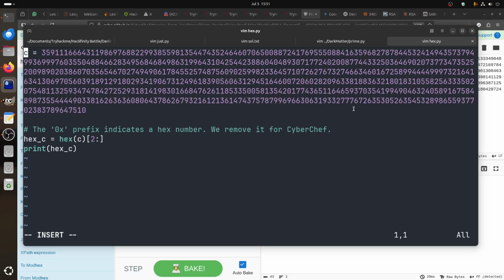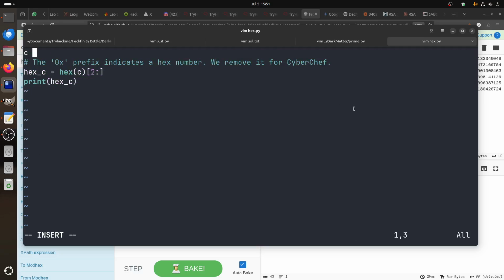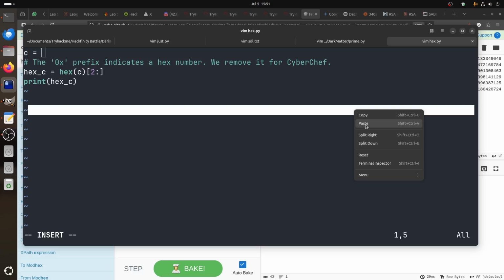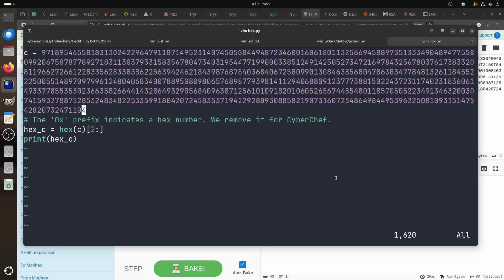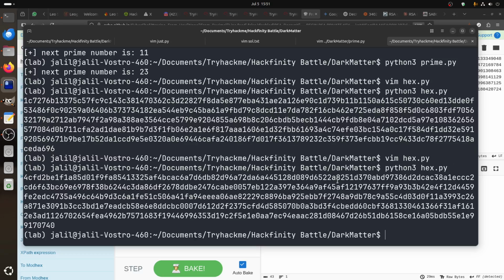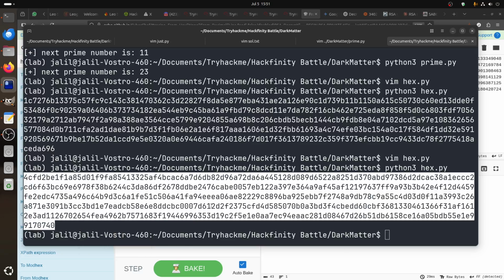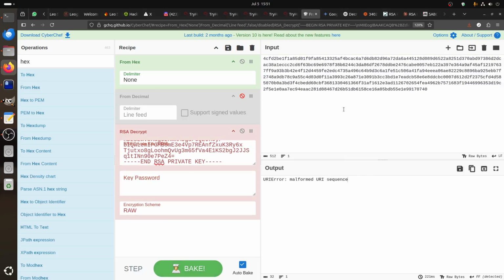Let's kill this one quickly. If I put C equal, I get this value, and now if you come there.